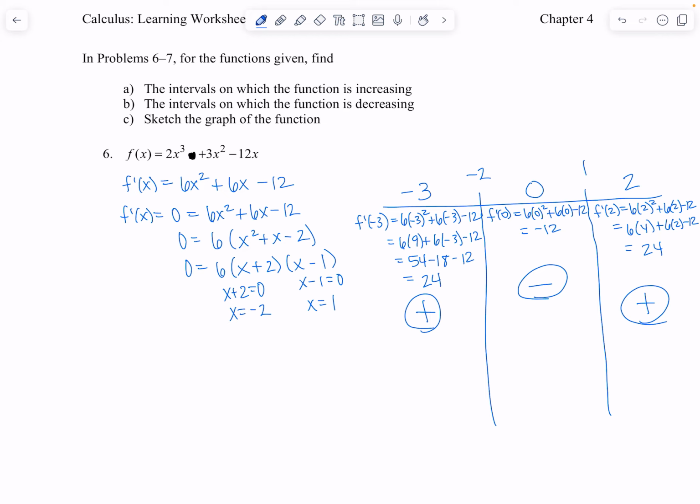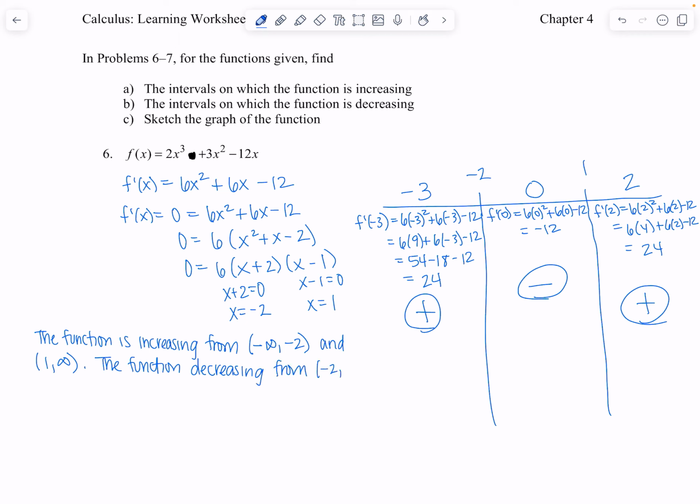This is telling us the function is increasing from -infinity to -2 and from 1 to positive infinity. It's decreasing from -2 to +1.